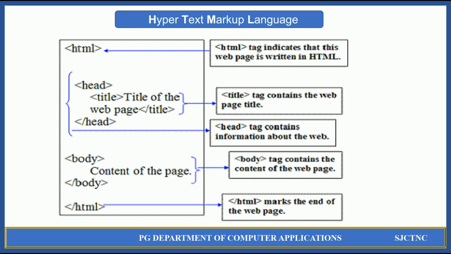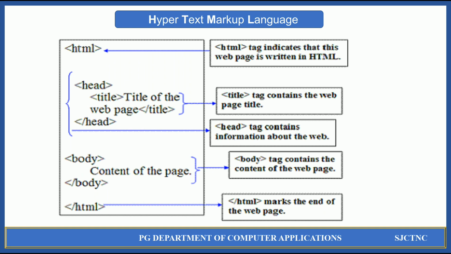The first one is an opening tag and slash HTML is a closing tag. And we can have two parts, head part and body part. The head part contains the title of the page. A title tag contains the web page title. And the head tag contains information about the web page.